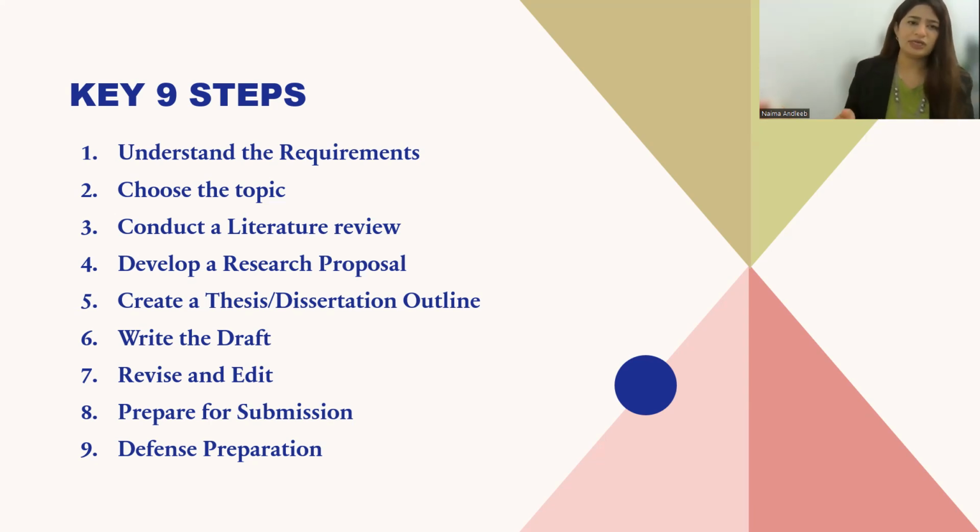Whatever we do in our 2 years or 4 years, at the end of a 4-year graduation, we need to do our thesis. At the end of a master's of 1, 2, or 3 years, we need to do a thesis. And once we are in the PhD, we need to do our dissertation.